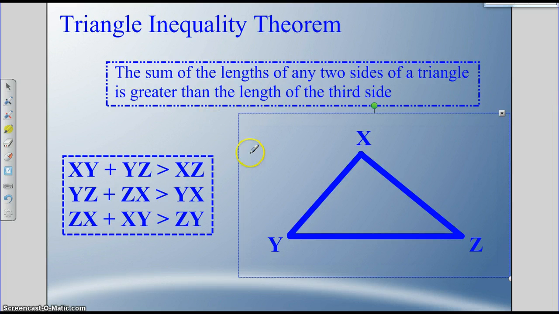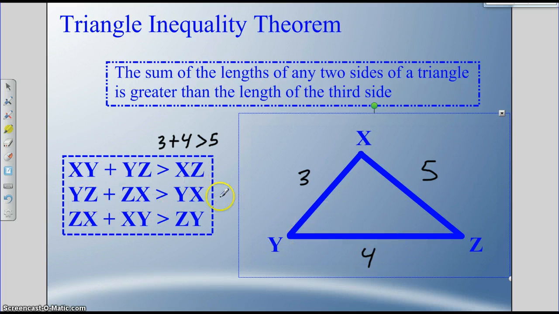So let's make up some numbers real quick. 3, 4, and 5. XY is 3. 3 plus 4 should be greater than 5. Is that true? That is true. Then I check it with this.